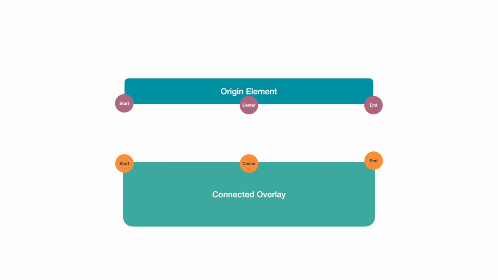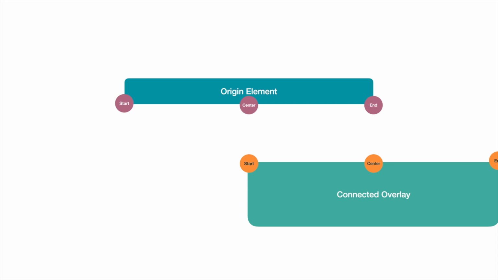And let's say we want to match the center of our origin element and the start of our connected overlay. If we do this, our connected overlay will be shifted like this. It takes the center of the origin element and matches it with the start of our connected overlay.